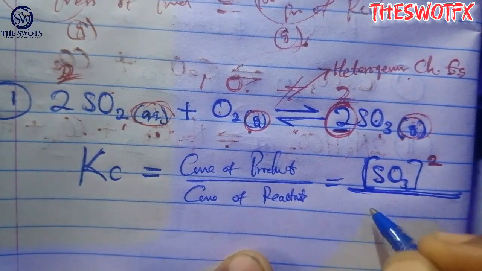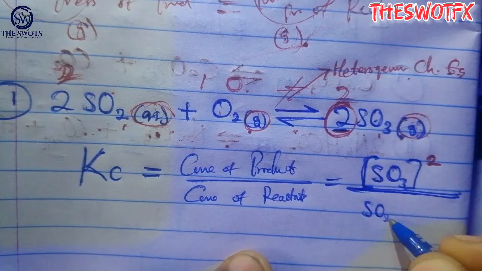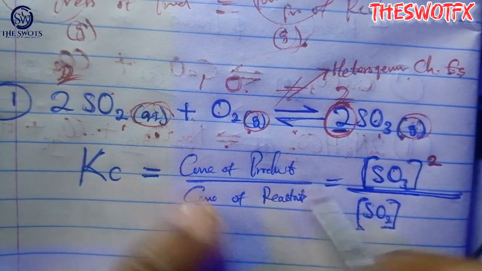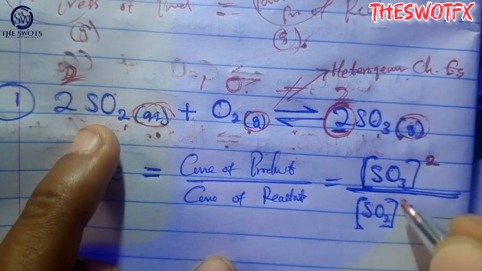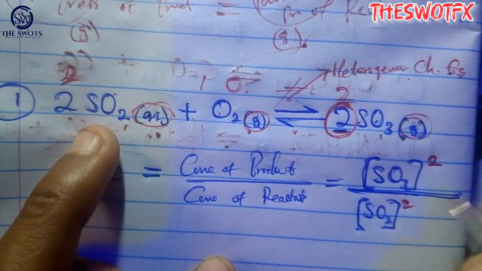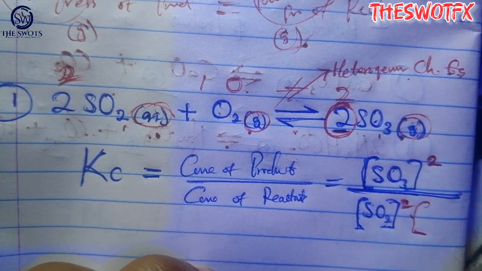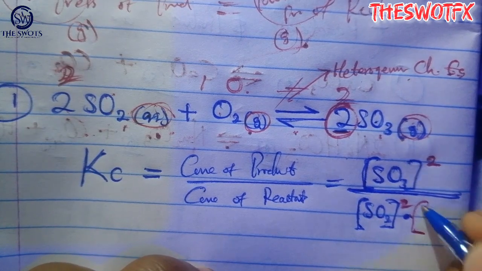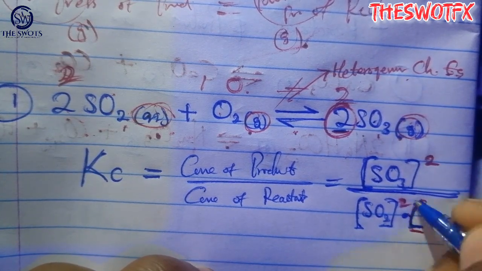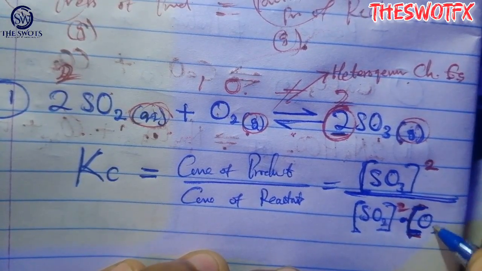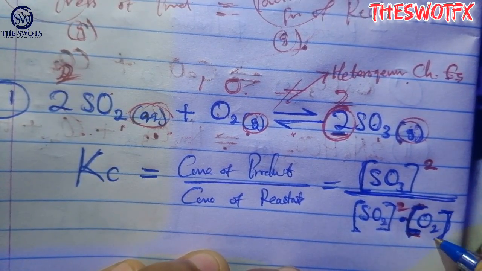Our reactant here is SO2, and the molecule becomes the power, so 2 as power. Then times, which you can use as dots, our O2, which is our second reactant.